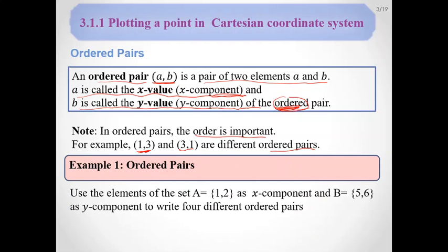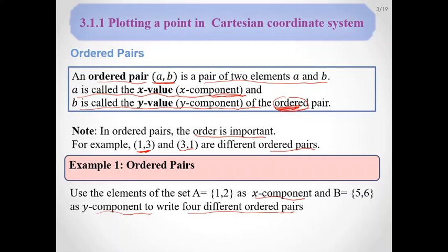Let's look at this example. Use the elements of A, equal to the set {1, 2}, as X components, and B, equal to {5, 6}, as Y components, to write 4 different ordered pairs.